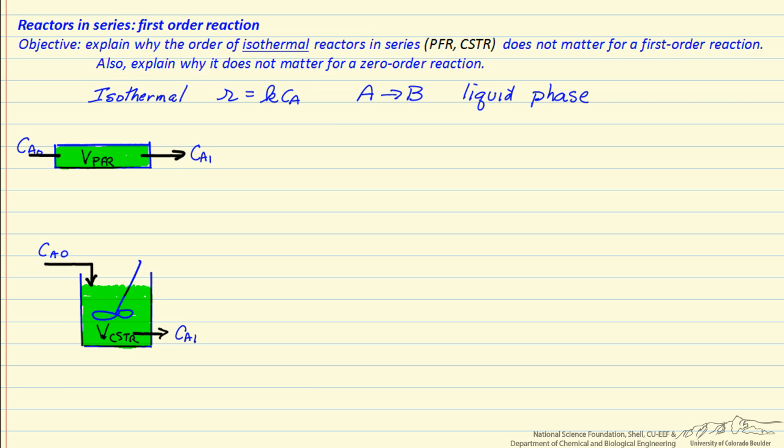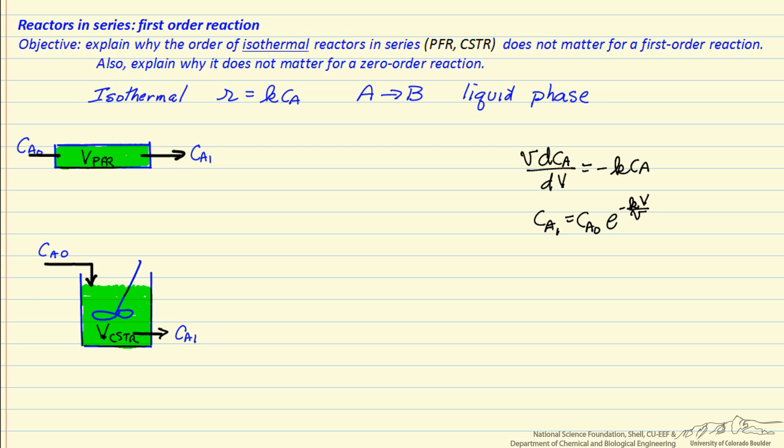So if we were to look at the mass balance for plug flow reactor, and that's a volumetric flow rate, the change in the concentration of the reactant with respect to cumulative volume is minus k times the concentration. And when we solve this, what we end up with is that the concentration leaving the reactor, in this case Ca1, is Ca0 e to the minus kV over volumetric flow rate.